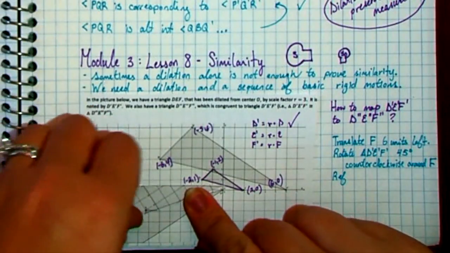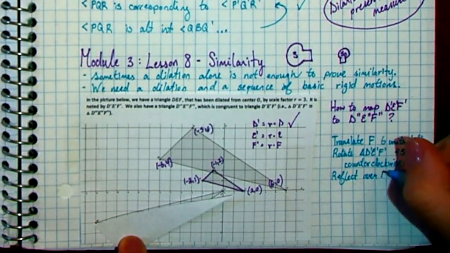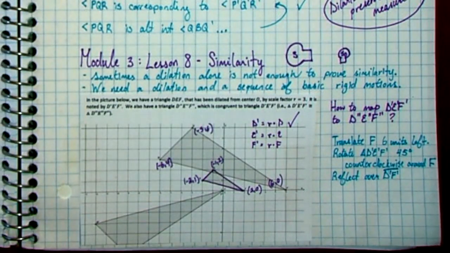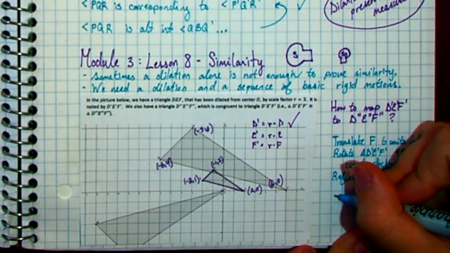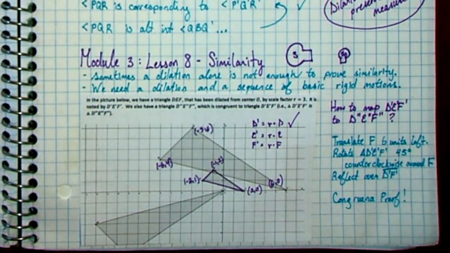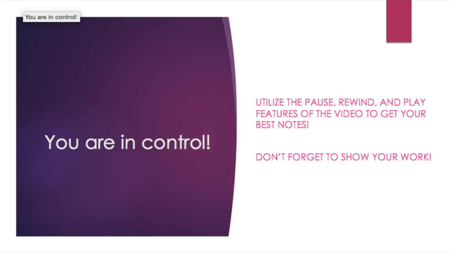The last step is to reflect that triangle over the line segment D prime F prime. Now that they match up, I know that they're congruent, which means that to get from DEF to D double prime, E double prime, F double prime, I had similar triangles.